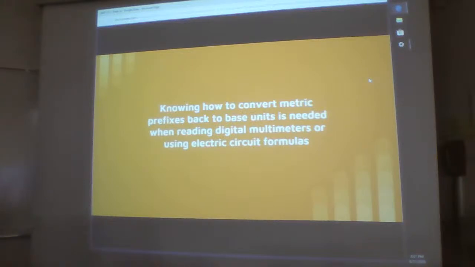Knowing how to convert metric prefixes back to base units is needed when reading digital multimeters or using electric circuit formulas. Sometimes we're measuring and reading electrical readings in kilovolts and we want to know how many volts that is, or in kiloohms and we want to know how many ohms that is.